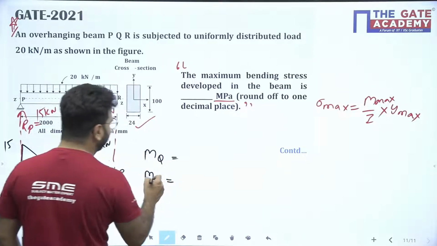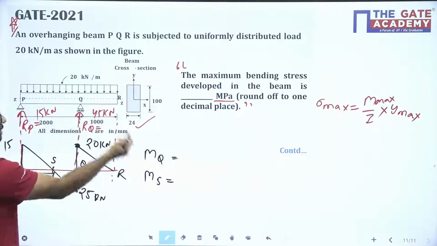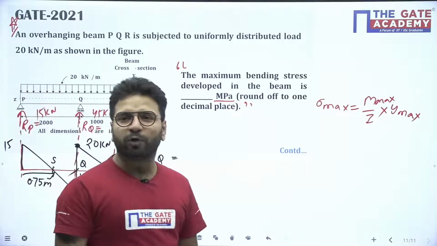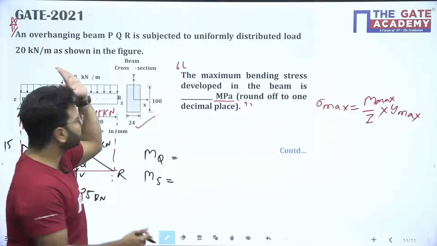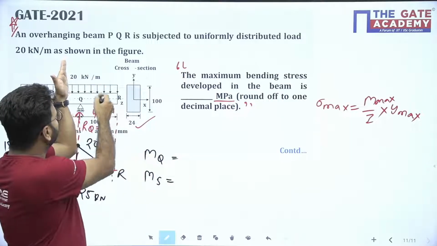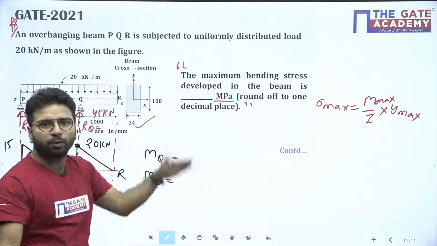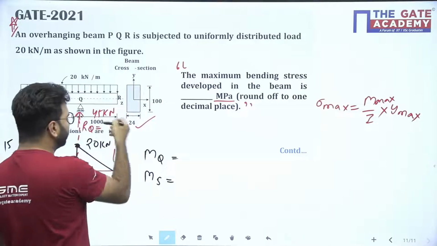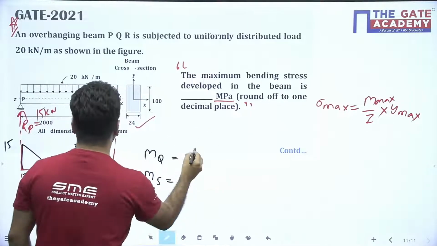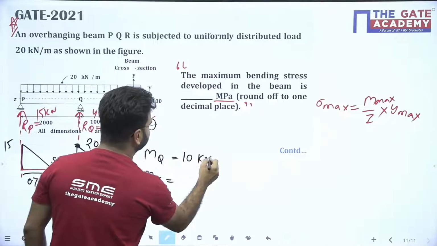If you calculate at Q, how much will it come? Standing at Q, see this side: W x squared by 2, so W is 20 into 1 by 2, definitely it will come 10 kilonewton meter.